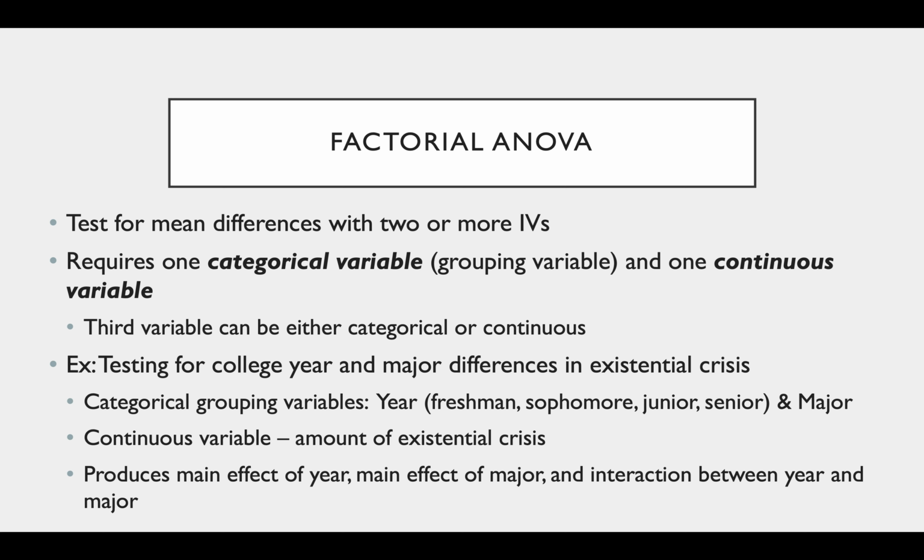So let's say I was not just testing for college year in terms of existential crisis, but also major, like what major people are in. I would have one categorical independent variable of year, and another categorical variable of major, and my continuous outcome variable would be existential crisis. I can look at both independent variables separately in our main effects, as well as the interaction of those two independent variables for existential crisis. So factorial ANOVAs are what happens when you have more than one independent variable.